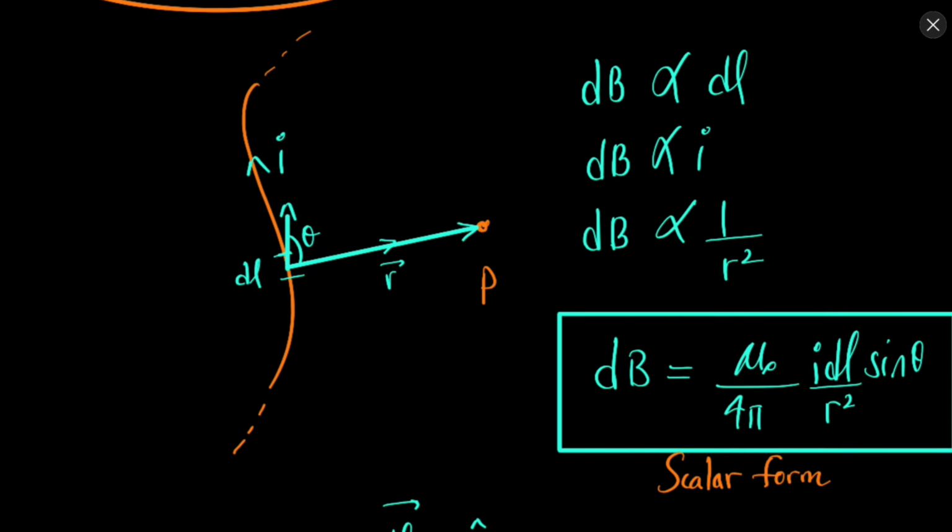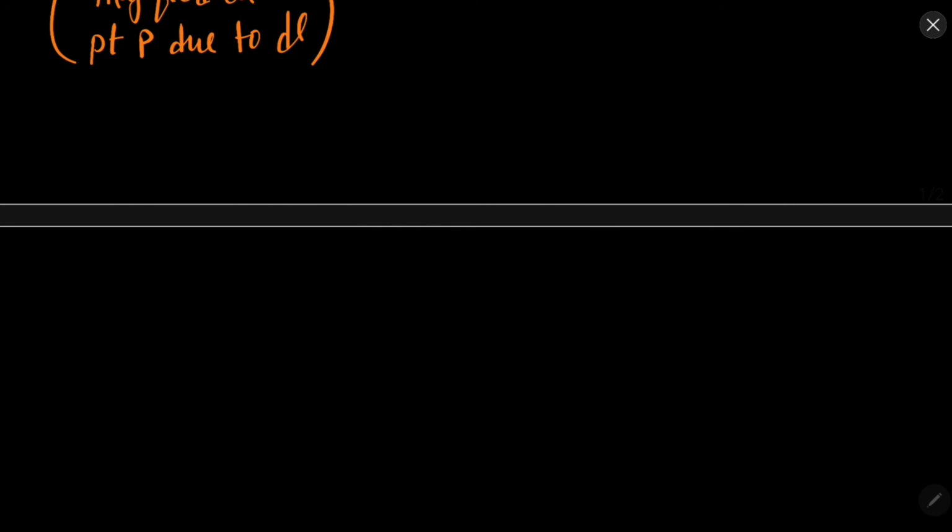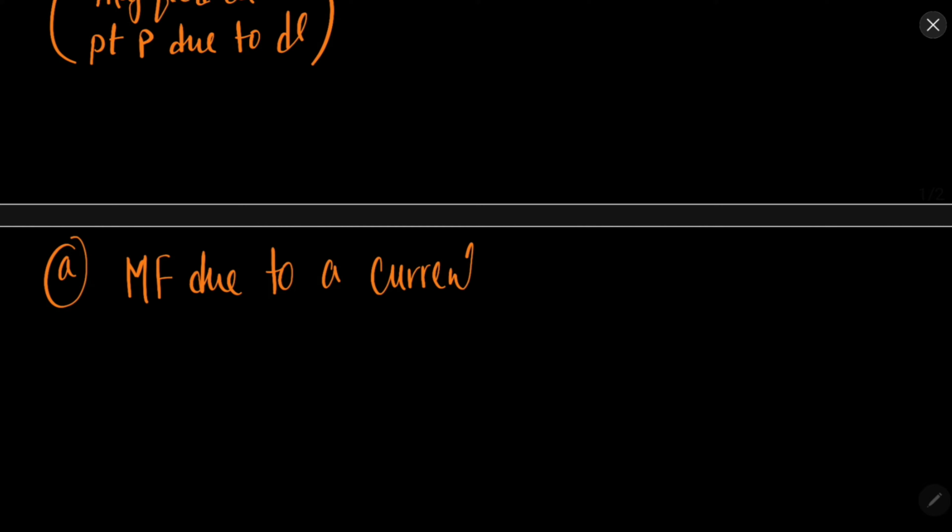Now what if we have a straight current carrying wire? This is not straight, this can be of any shape. So what happens if we have a magnetic field due to a current in a straight wire?